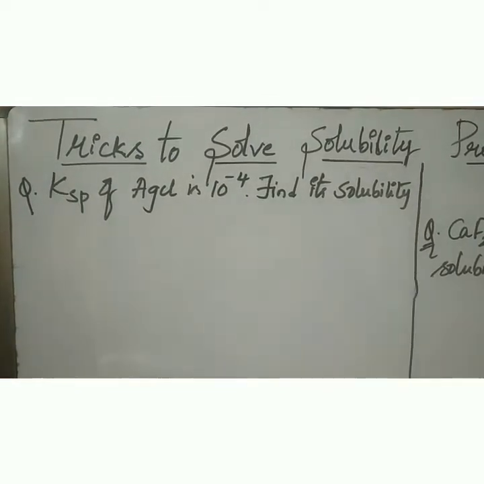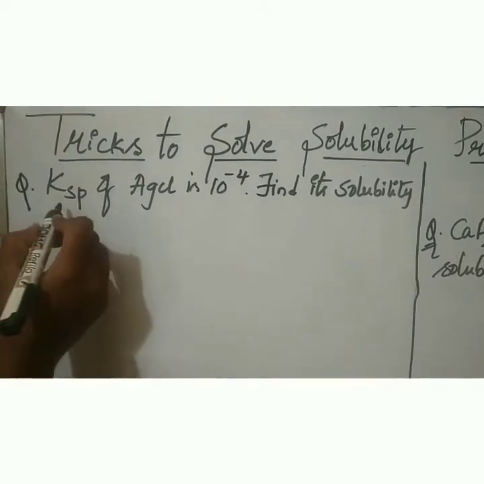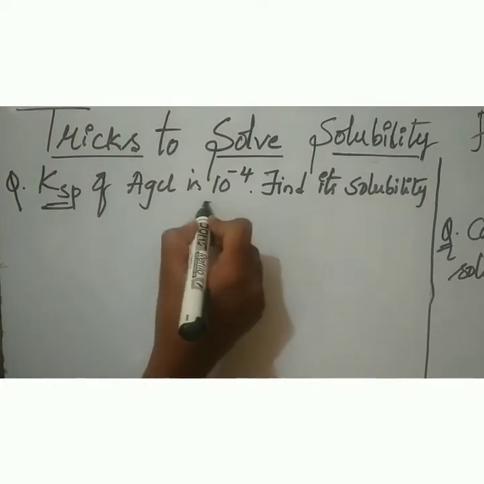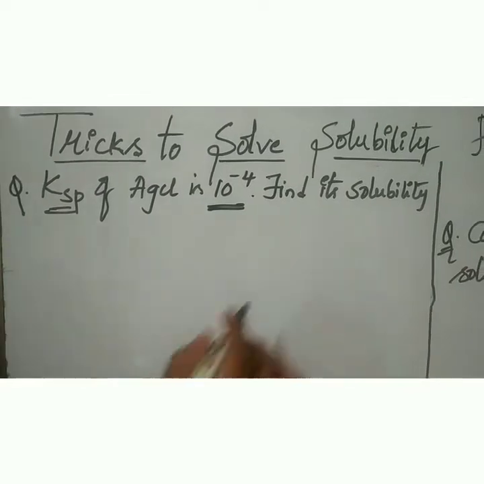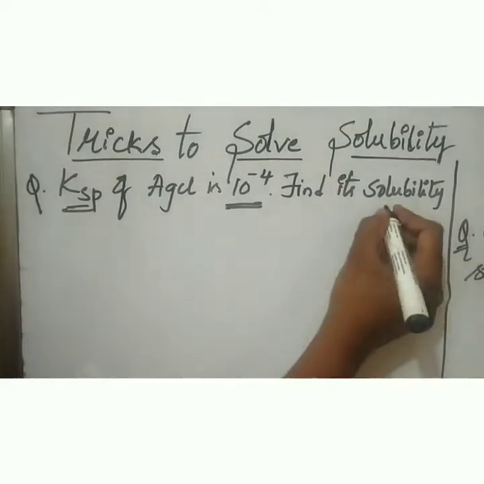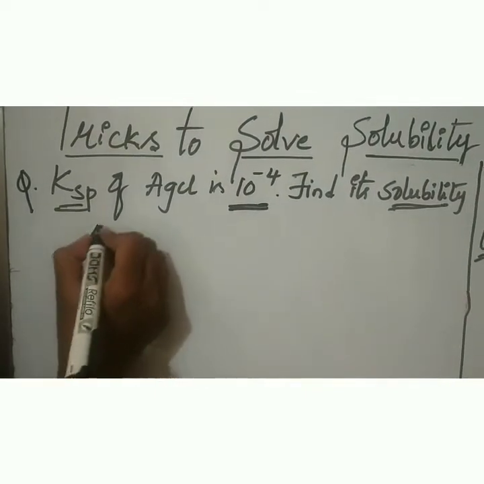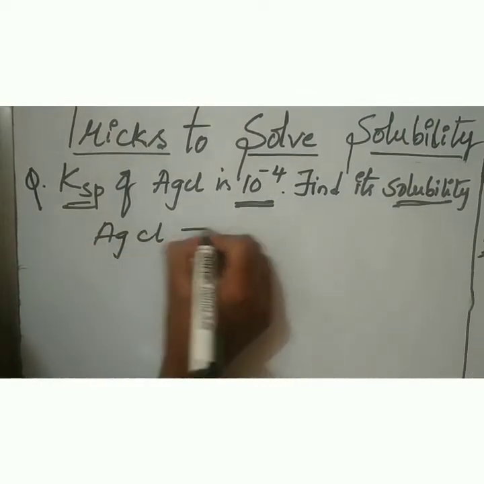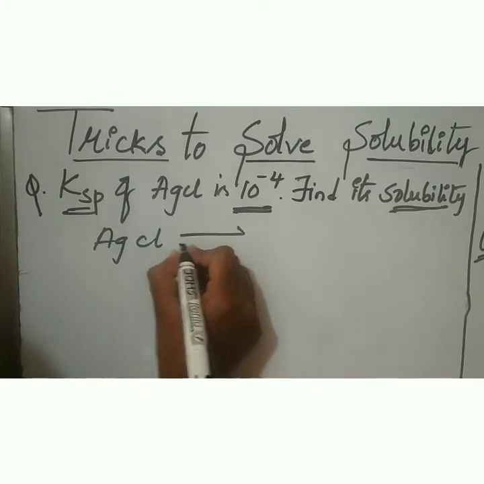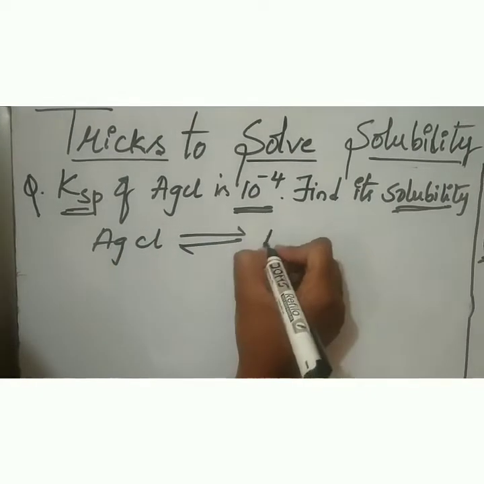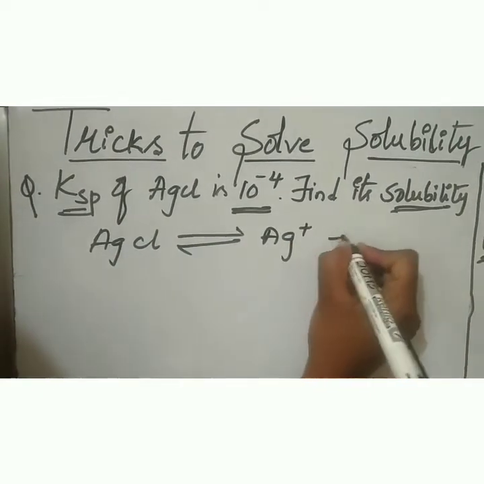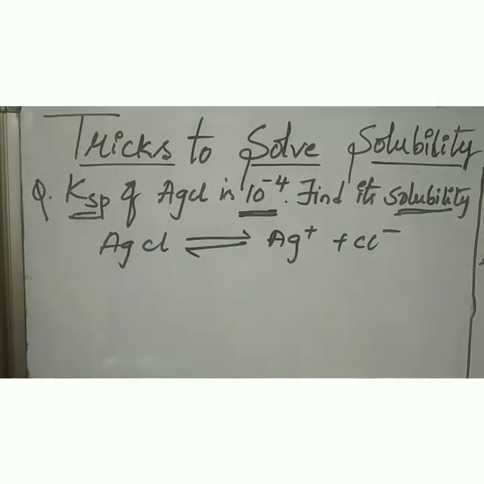Moving to the question, the solubility product KSP of AgCl is 10 raised to minus 4. Find its solubility. Now, as I said, AgCl gives Ag plus and Cl minus when it is dissolved in water.